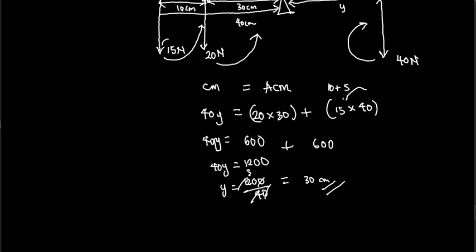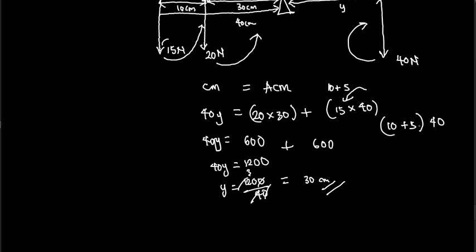Back to this case, how did I figure out 15 times 40 is 600? Now, it's just simple. Anyways, it is easier to multiply 10 by 40. So 10 plus 5 is the same thing as 15, right?